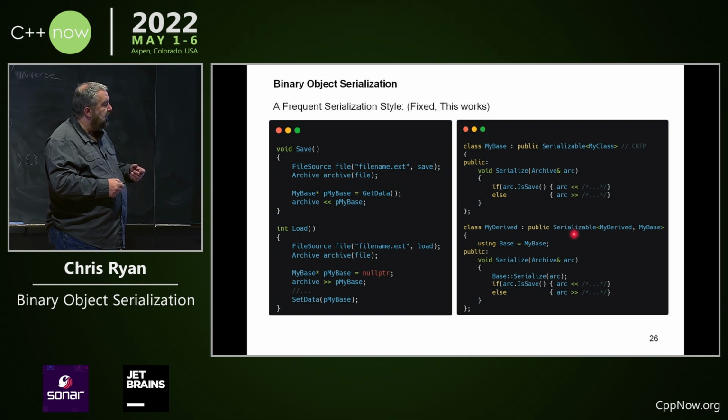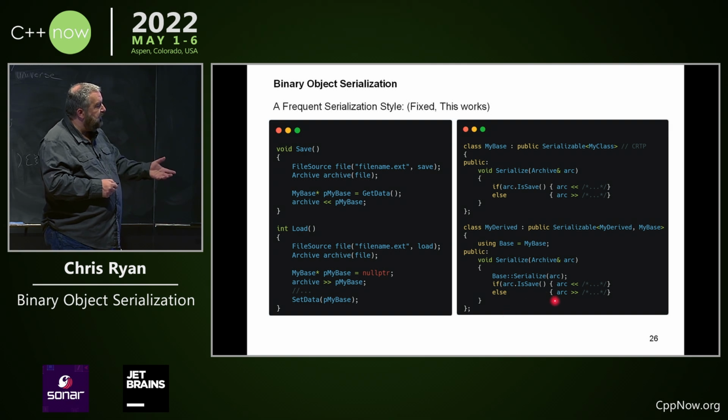It's called serializable. So when we drill down, I call base serialize, it would actually be calling into the serializable for scope for finding the serialize function, which ends up drilling down and saving out the data of the base. It returns up and then saves out the data of the derived type.